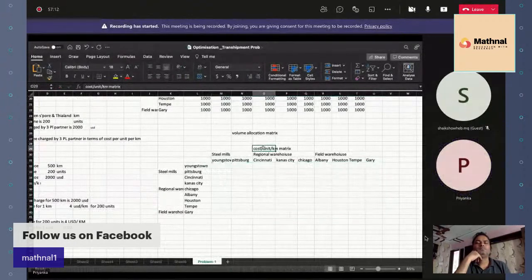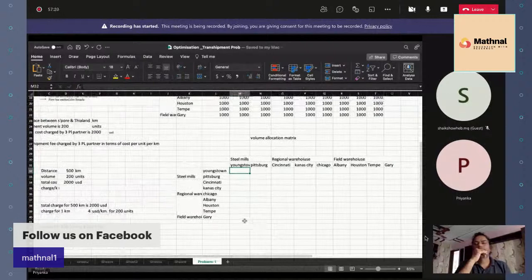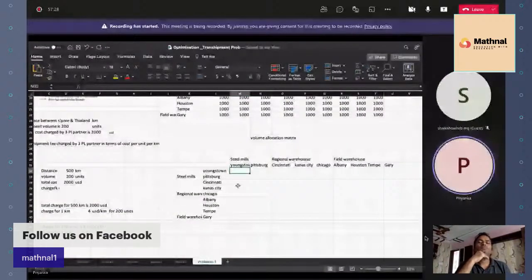Okay, now we'll put our constraints here. First, let's put the sum of the rows and sum of the columns. So we will put 0 first.